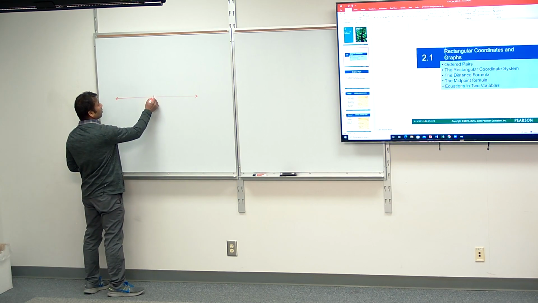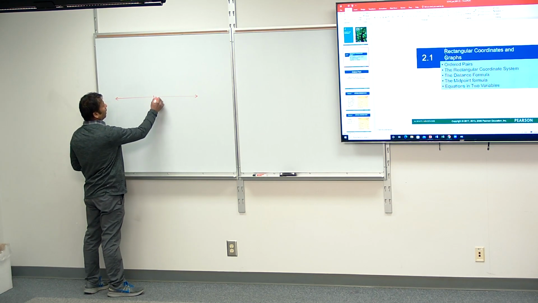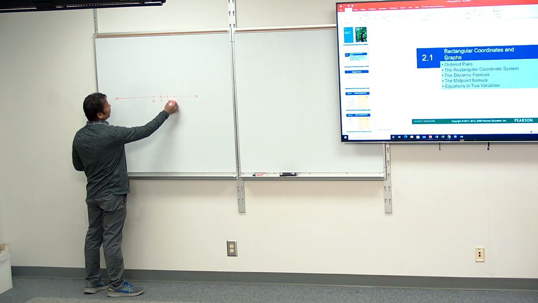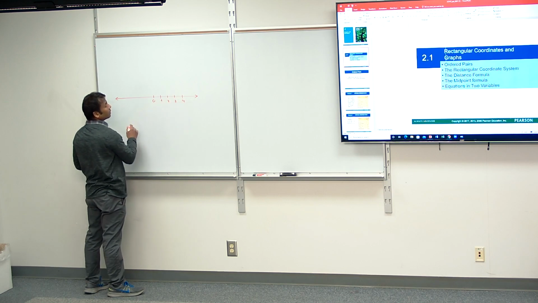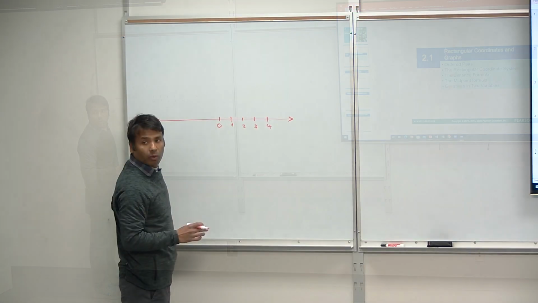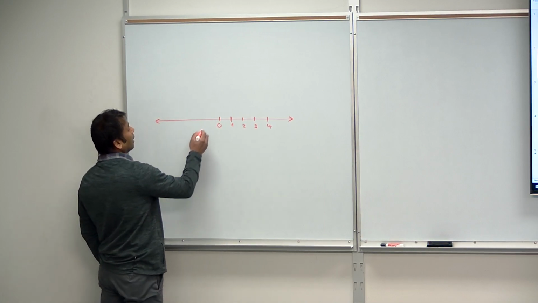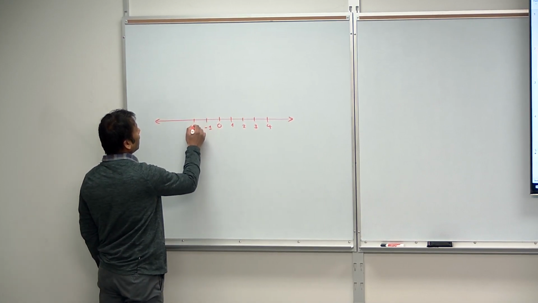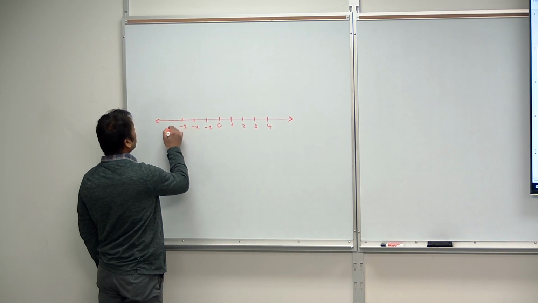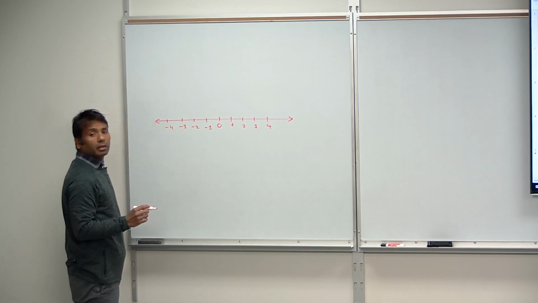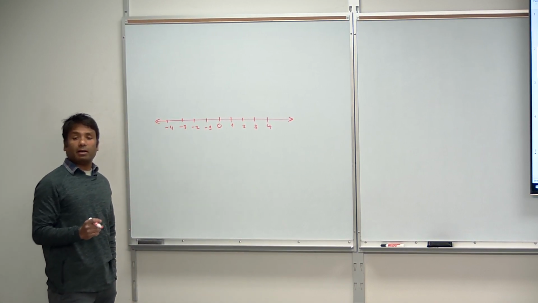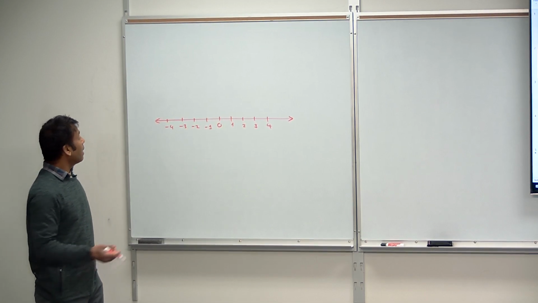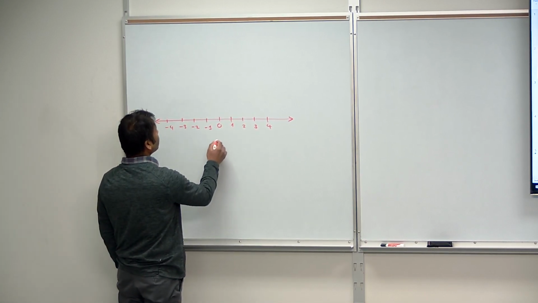So you have a 0 in the middle, and then you have a 1, 2, 3, 4. To the right of 0, we have positive numbers, and we have -1, -2, -3, -4. So this is a horizontal number line, right? And then you have a vertical number line.